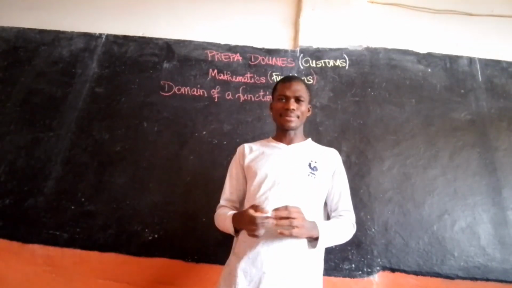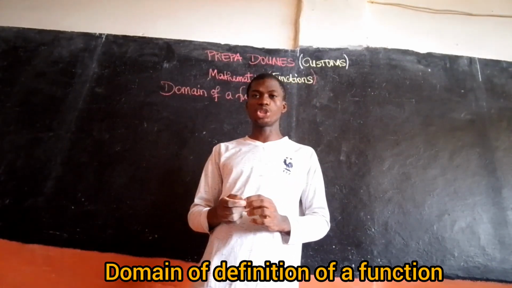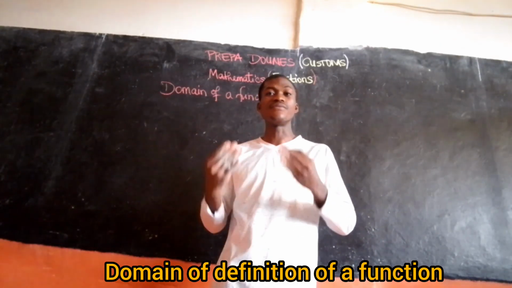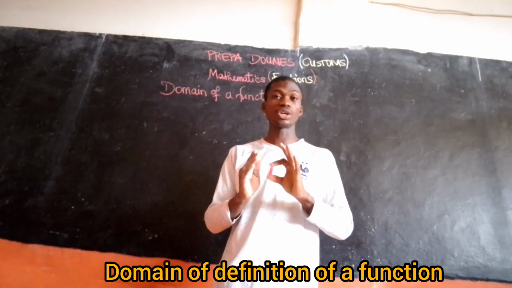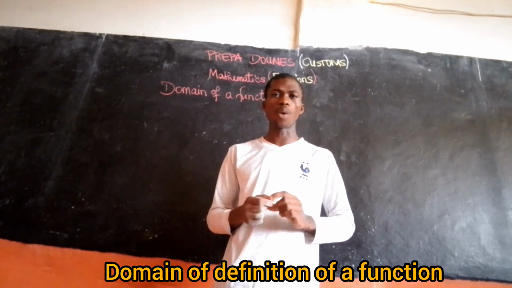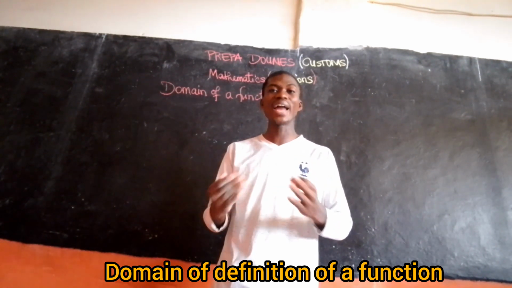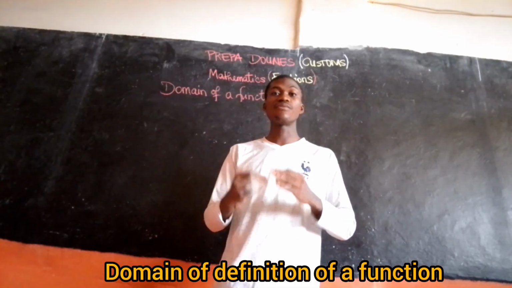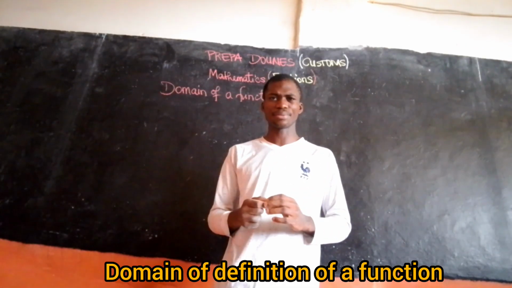In simple parlance, the domain of a function is defined as the range of values for which the function exists. The range of values for which the function is valid. The range of values for which the function is defined.